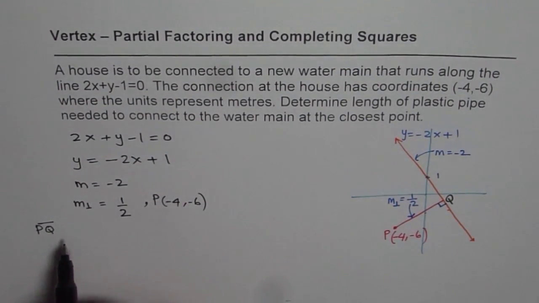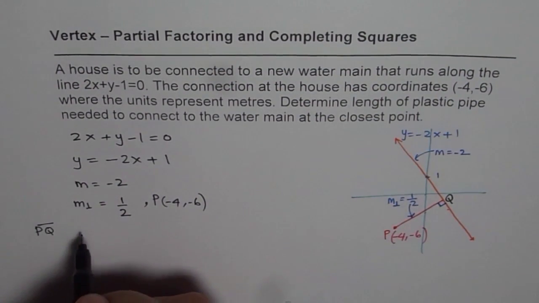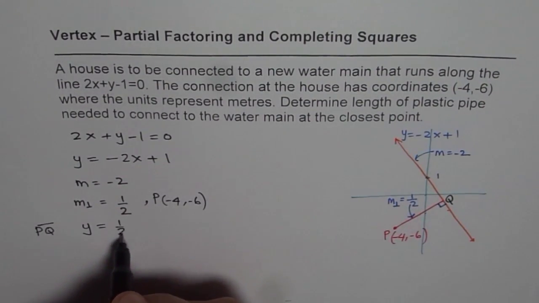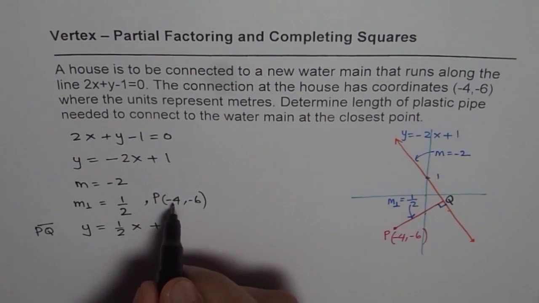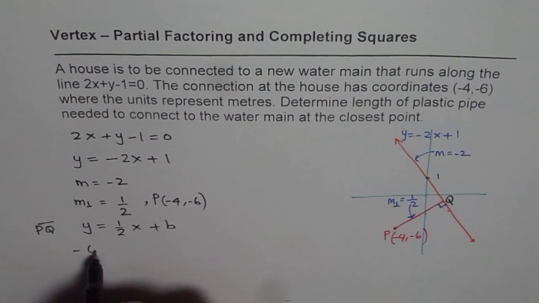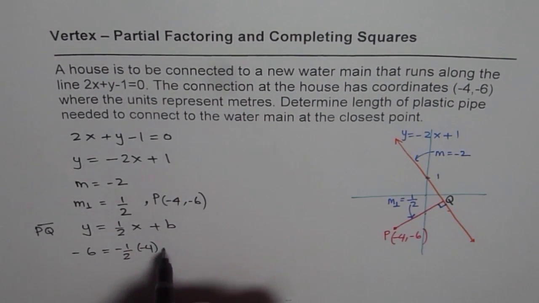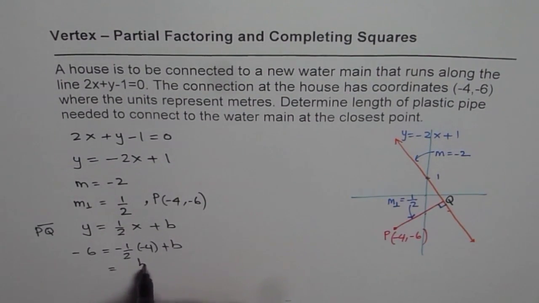So we need to find the equation of a line which passes through the point minus 4, minus 6 and has a slope of half. So we can write this as y equals half x plus b. To find b, I'll substitute minus 4 and minus 6 for x and y. So y is minus 6, x is minus 4, plus b, right? From here we can calculate what b is.